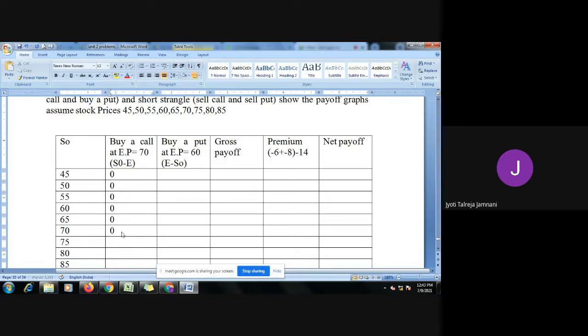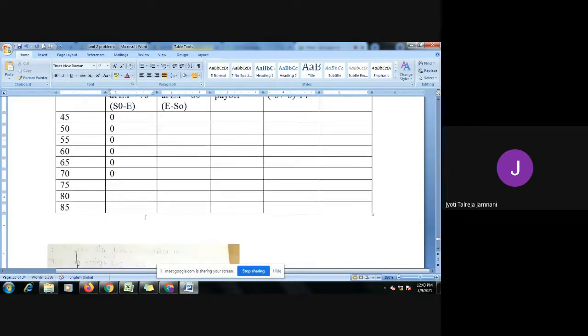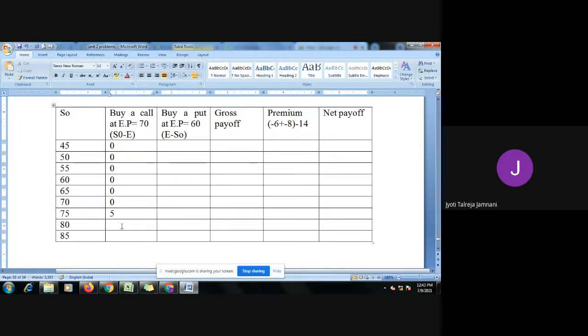So till 70 it is 0 because we will have losses. 75 minus 70, a gain of 5 rupees. 80 minus 70, gain of 10 rupees. And 85 minus 70, gain of 15 rupees. So these are the gains that we will have. And because we have bought, that means it's our gain. Now let's do it for sell or sold.